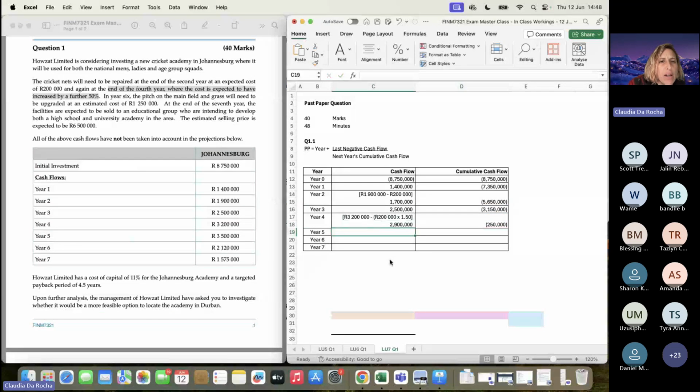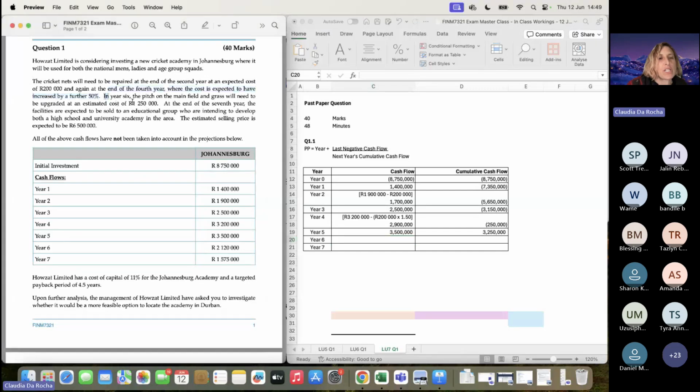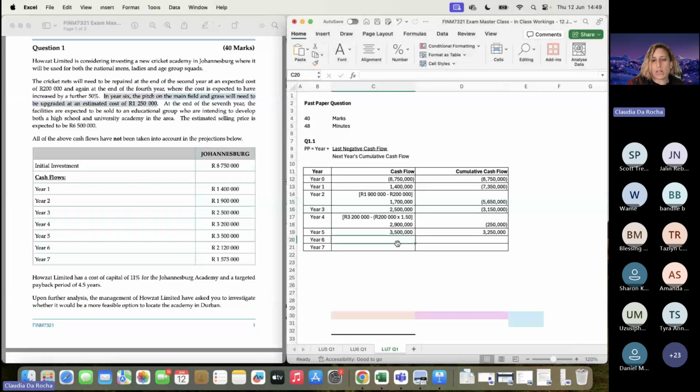In year five, there isn't anything, so we include the cash flow as is. And now we're starting to get positive cash flows. Then year six, our cash flow. It did say that in year six, the pitch on the main field and grass will need to be upgraded, so we have to include that as well.